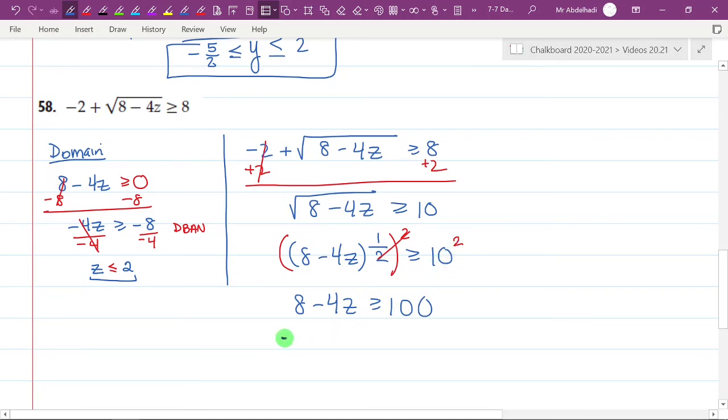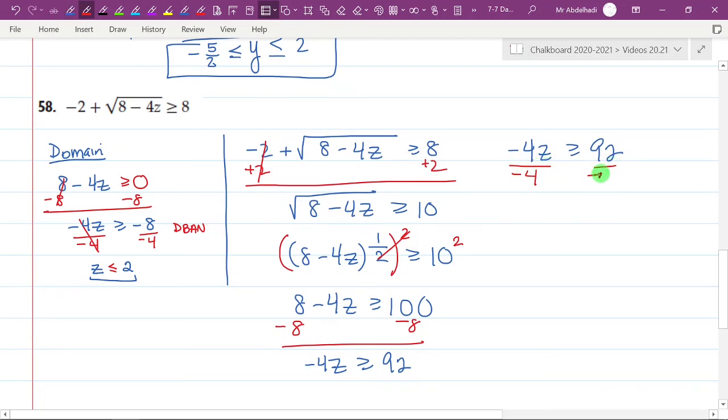And now let's get the z by itself. Let's subtract 8 from both sides. This is 92. Let me just bring that over here so I can continue. And now I need to divide both sides by -4. I'm dividing an inequality by a negative.